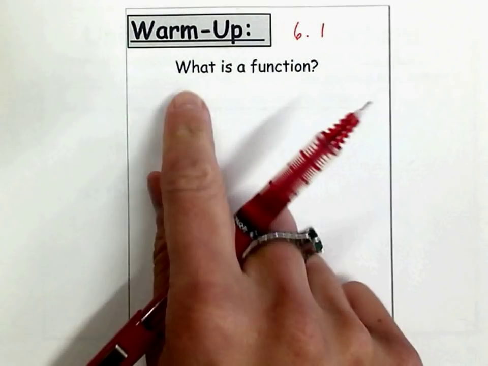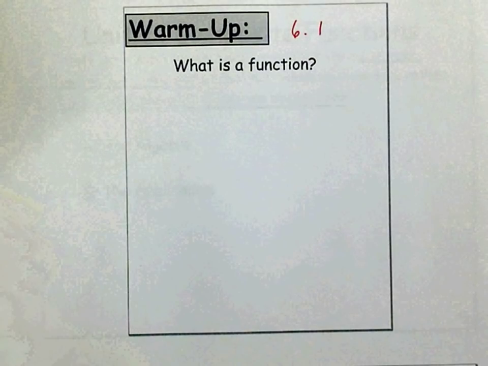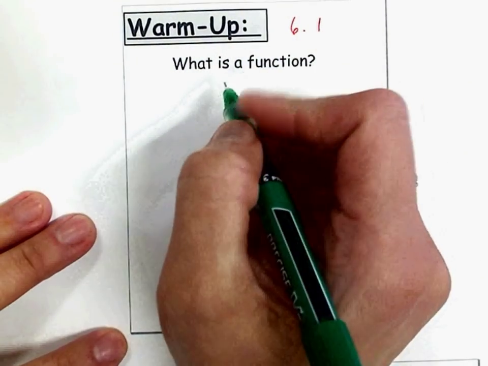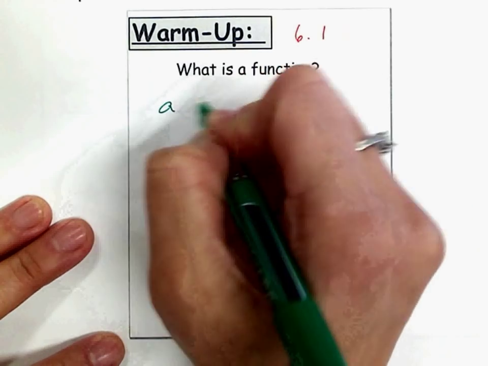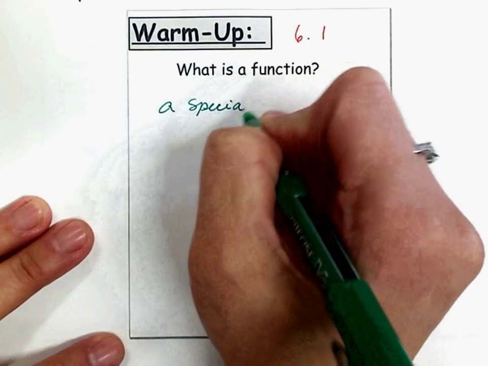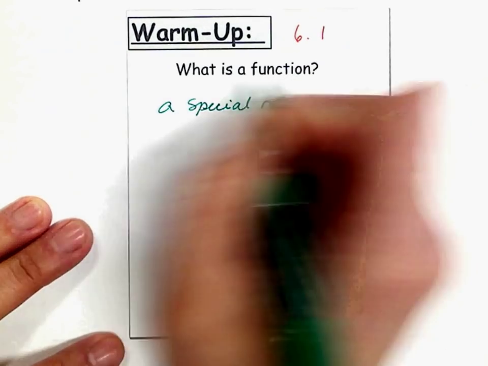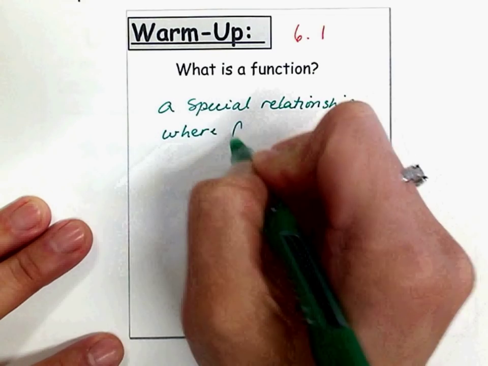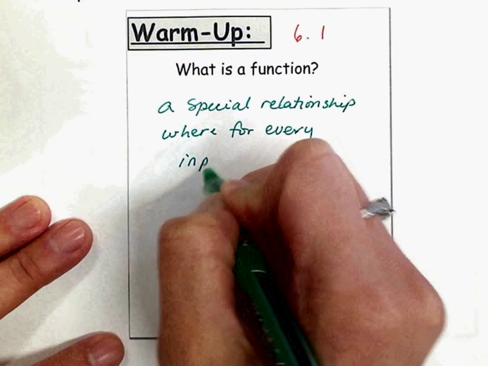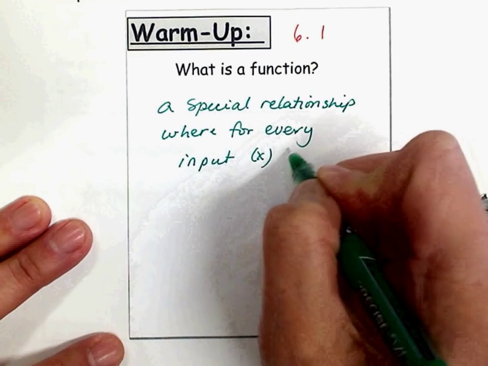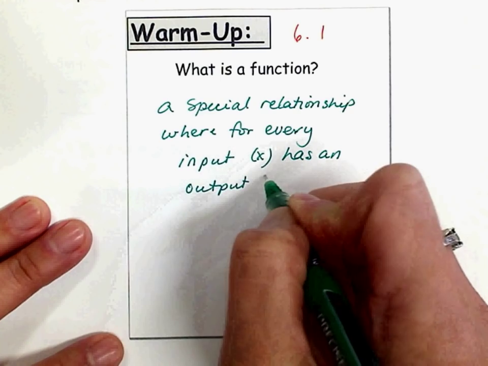The warm-up is, what is a function? Okay, this is a function. A function is a special relationship where for every input, which is your x, there is an output, which is your y.